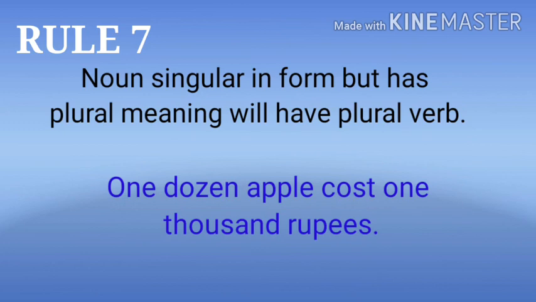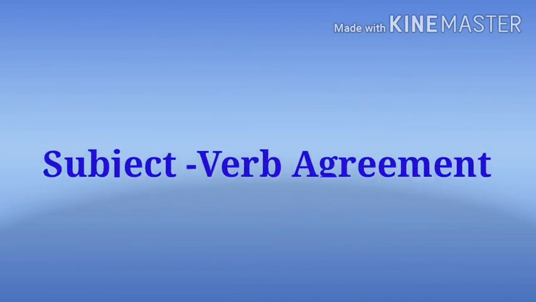So, here we have singular form but plural in meaning. In such a case, we have to use a plural verb. So, we have used "cost." That is our verb, and "cost" is the plural verb, that is the base form of the verb.